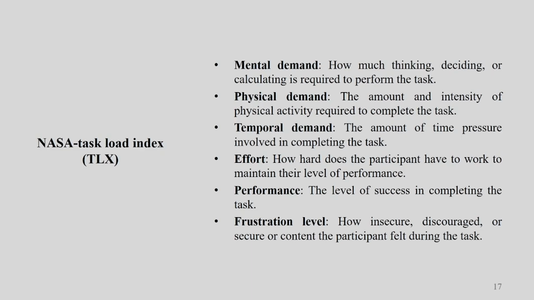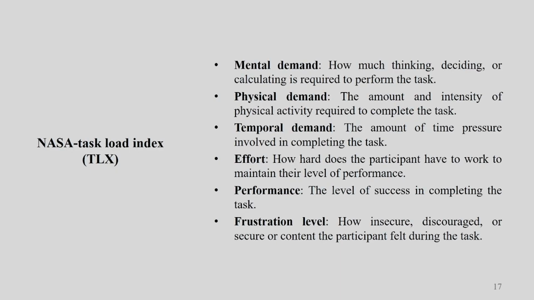So when you are performing a particular task, it says how much thinking is required, how much decision making is there, or how much calculation you need to do before you go for this particular task. That is mental demand. Whereas physical demand is the amount and intensity of physical activity which is required to complete the task. So force measurement and all those things.